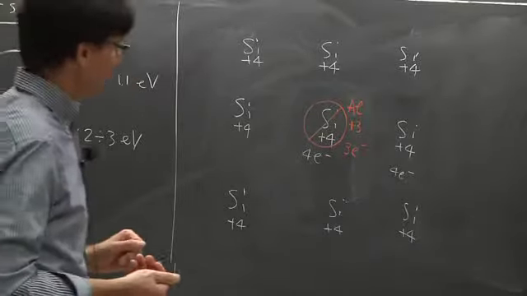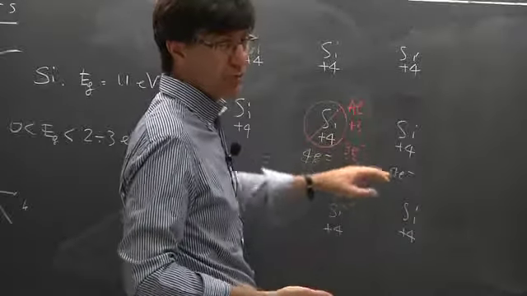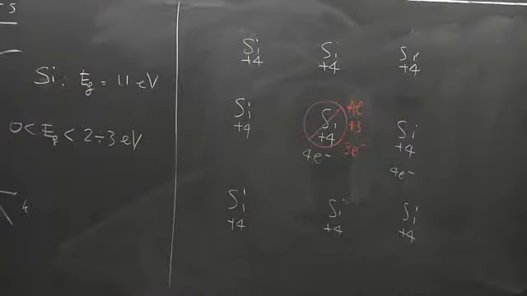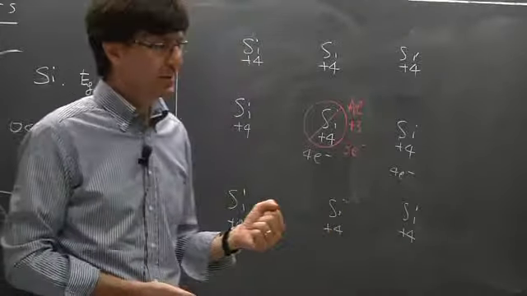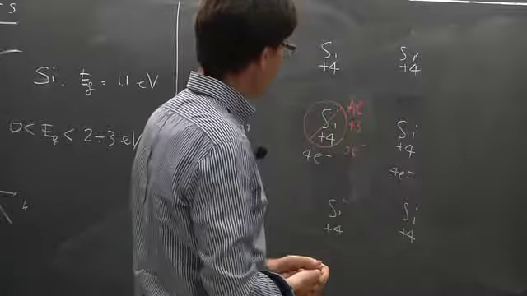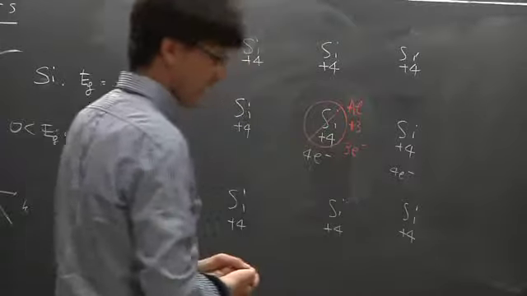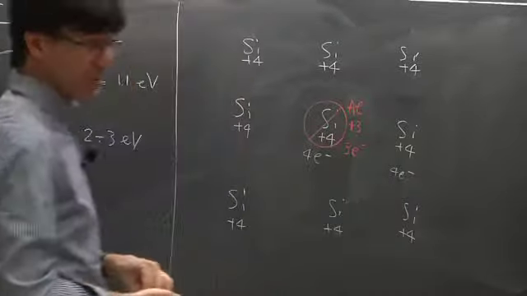All the concepts that we have learned in class so far just break down. However, as usual in these cases, we try to approach the problem from a perturbative point of view. So let's see if we can discuss the problem of replacing a silicon atom with an aluminum atom in a perturbative way.